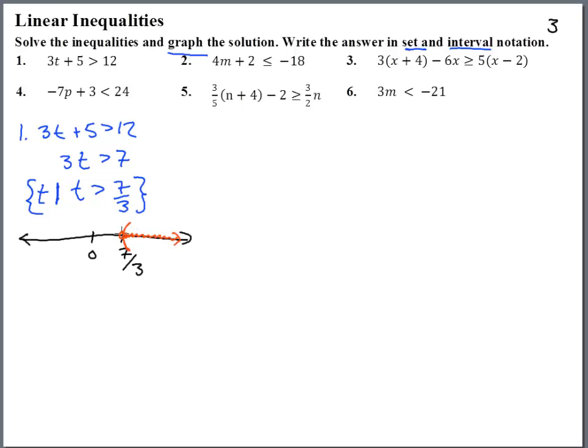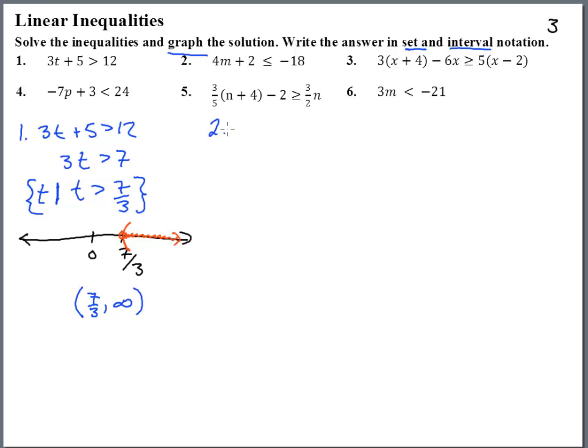These two symbols mean the same thing, but you'll see with this one we can write the answer like this as well. Open-ended 7/3 to infinity. And we don't ever hit infinity. So here we have the set, the graph, and the interval notation.